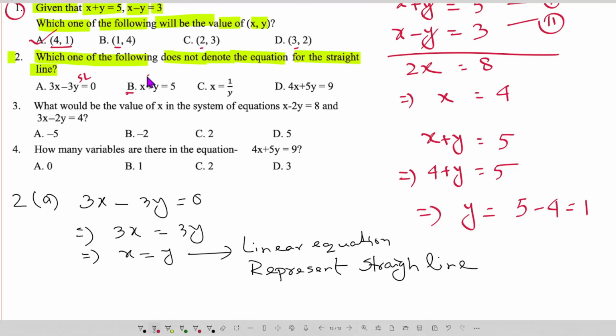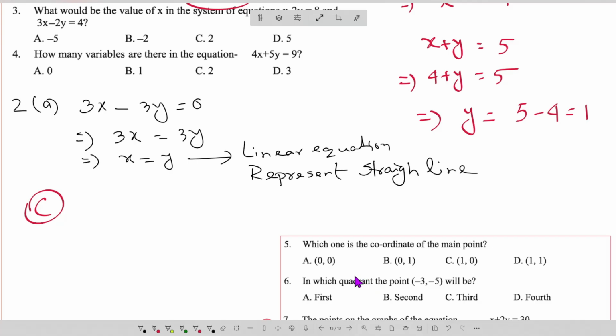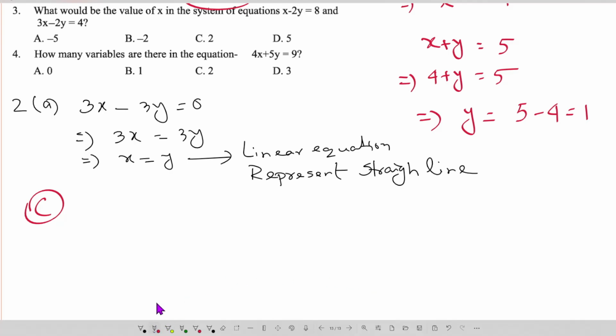Okay, so this is number A, which is a straight line. Number B is also a straight line, number D is also a straight line, but number C, look, we can write it, is not a linear equation. Okay, why?